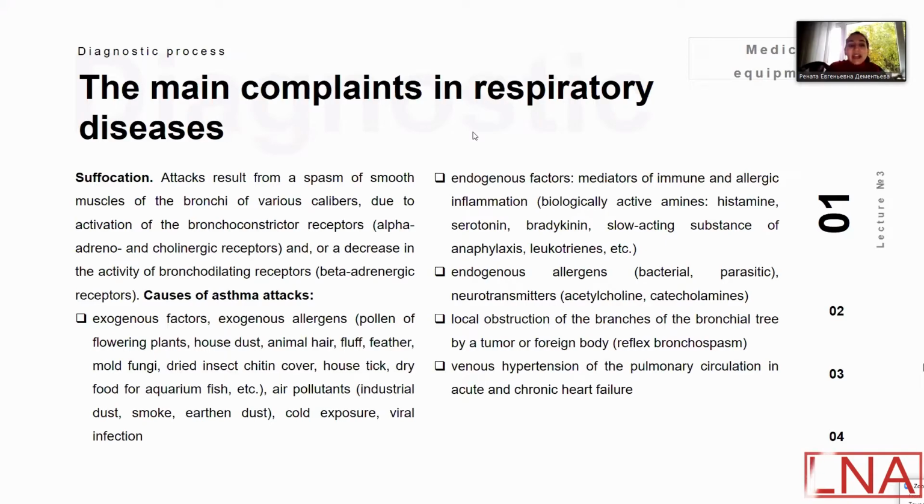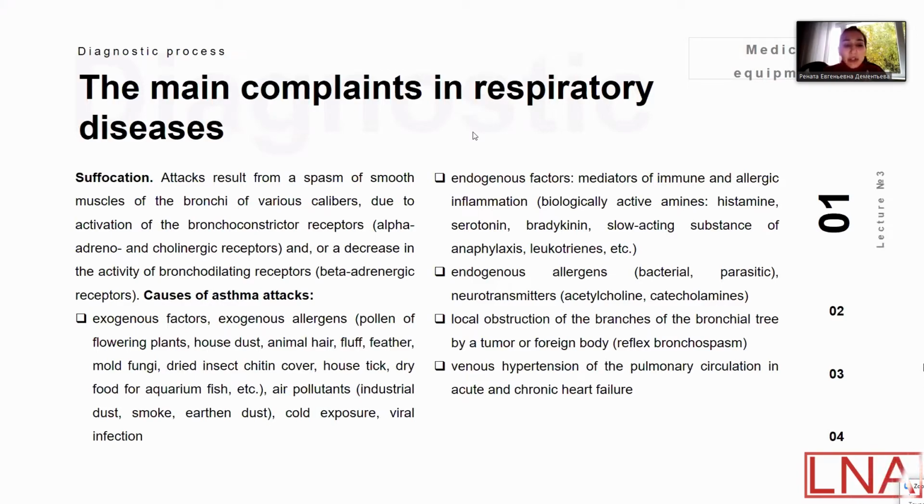So in fact, in case of spasm of smooth muscles, there develops an imbalance between the innervation of the smooth muscles of the bronchus, because there are two levels of innervation: cholinergic, and alpha and beta adrenergic innervation.